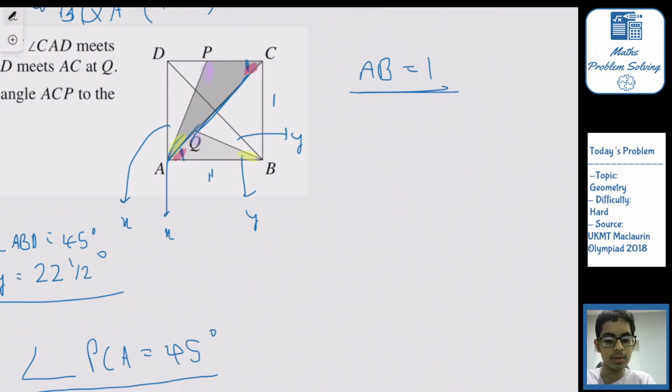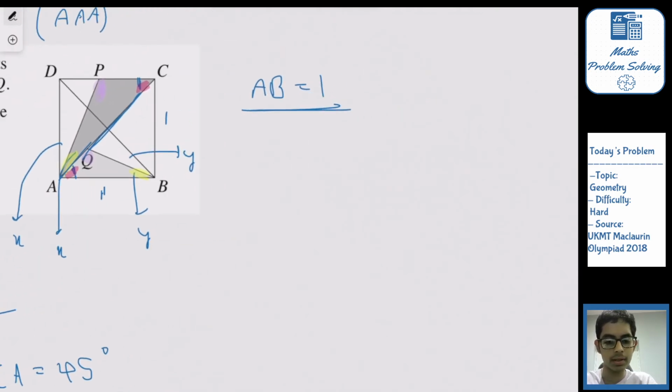Okay, so if we just draw a triangle over here, side length 1, side length 1, and we need to work out what this length is, it's the hypotenuse. So this is just triangle ACB, which we have in our square. So let CA equal h.